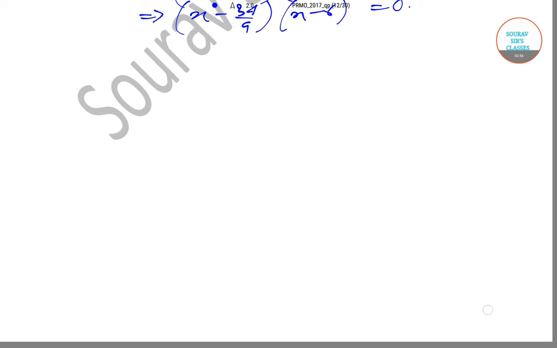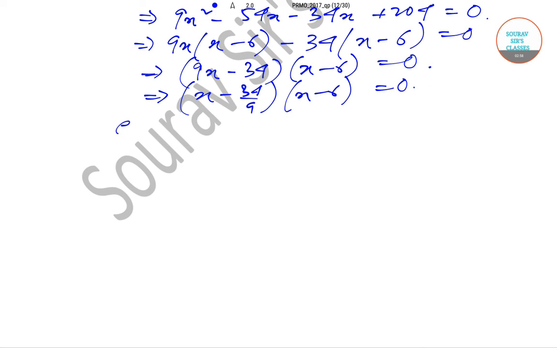So that implies either x is equal to 34 by 9, or x is equal to 6.